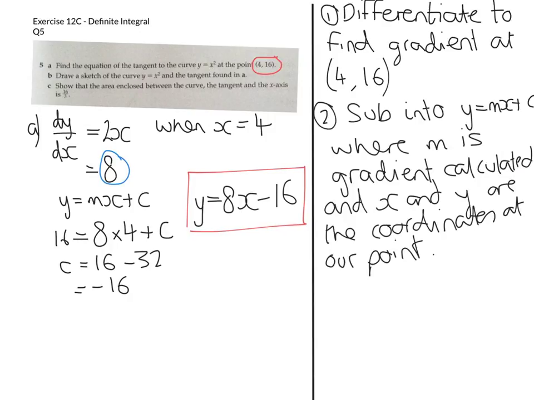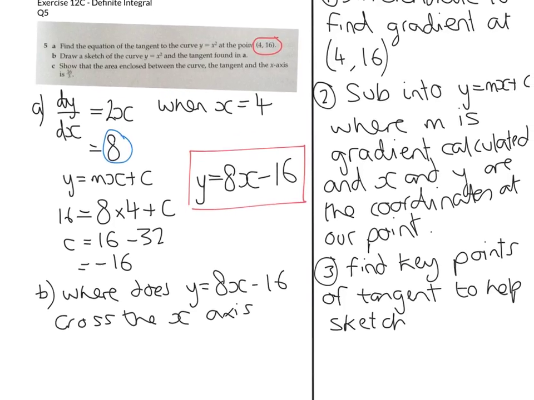So for part B of the question, we're asked to sketch the curve y equals x squared and the tangent, which is what we've just found out in part A. In order to do that for the tangent, we're going to need to work out the points where it crosses the axis. So we know that when x is 0, y is minus 16, so we know the y-intercept is minus 16. We also need to know where it crosses the x-axis.